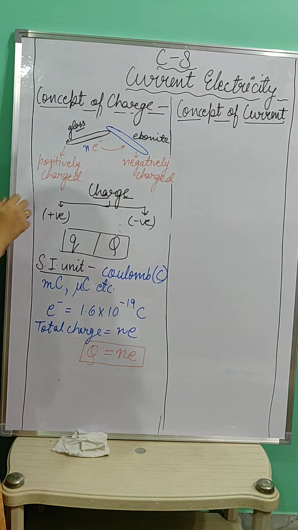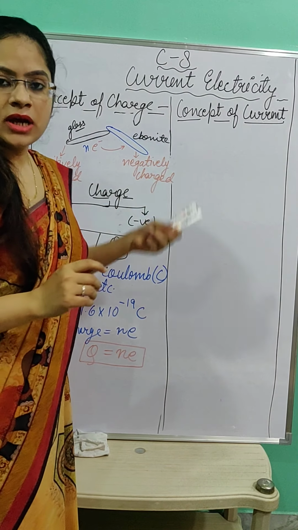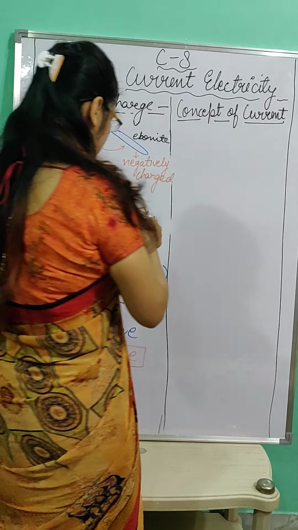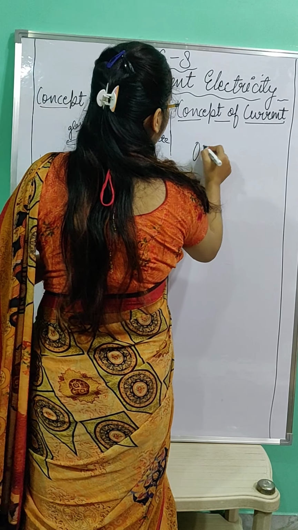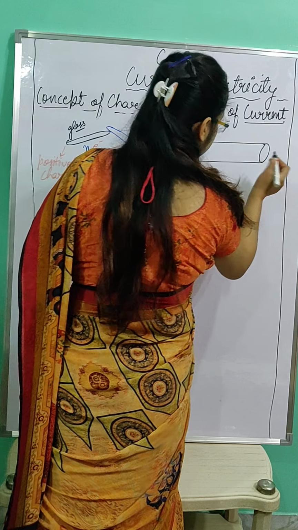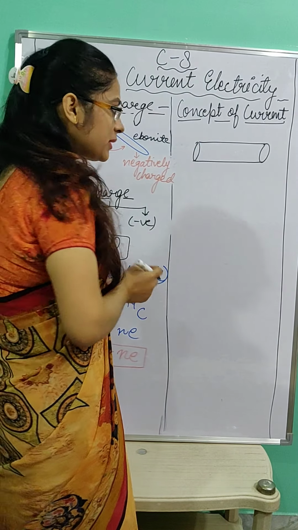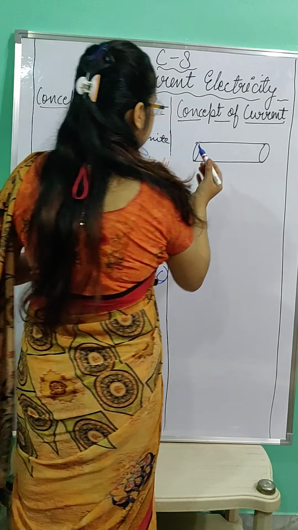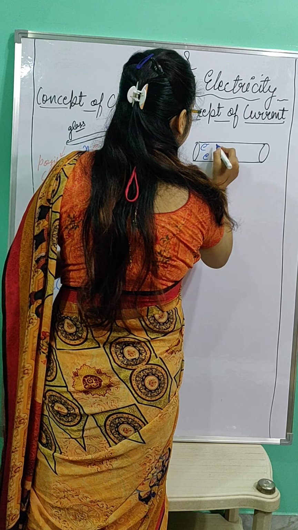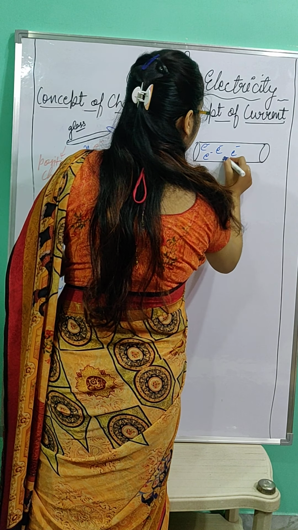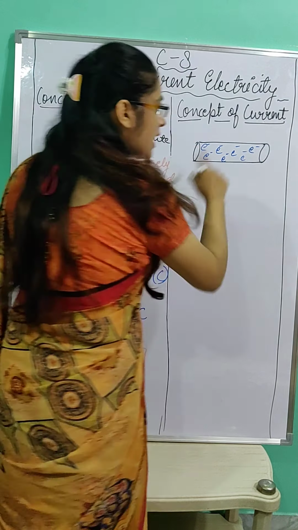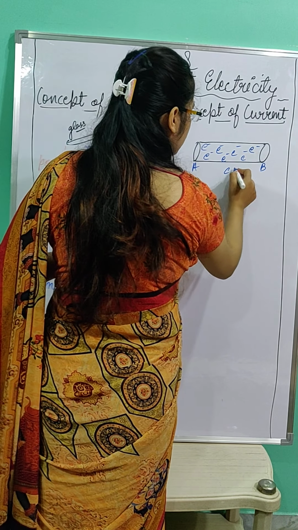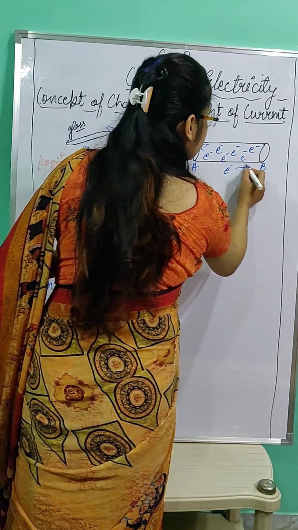Okay. Now because of the flow of charges from one place to another, in a given interval of time, if we talk about a conductor that conducts electricity, what is happening? The electrons present here start to flow from one place, suppose A to B. The electrons are flowing in this direction.